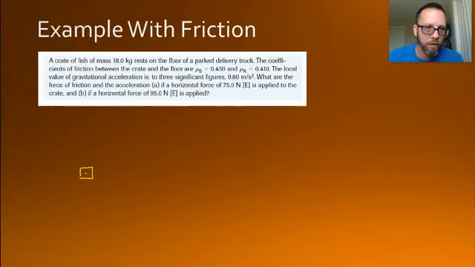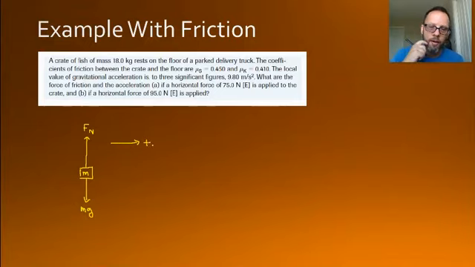So we have our crate of fish. Obviously, gravity acting down, and normal force acting up. Let's say we're going to push this way, so I'm going to let our acceleration be to the right here.